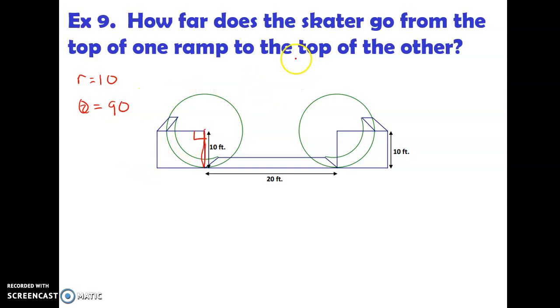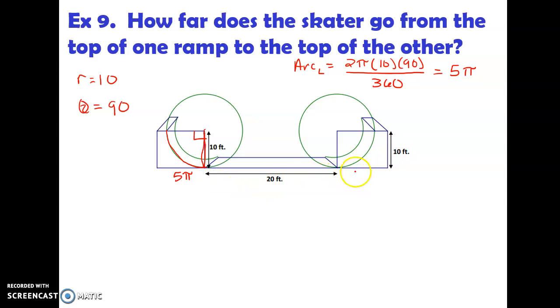So I can think about arc length equals 2 pi times my radius times theta divided by 360. When I put this in the calculator, it equals exactly 5 pi. So how far does he go? He's going to go 5 pi on this circle, this arc length.